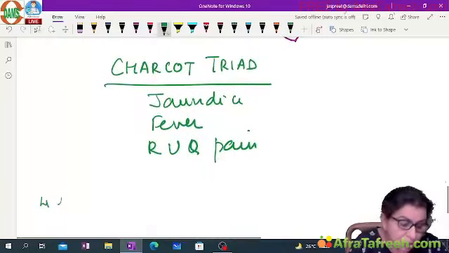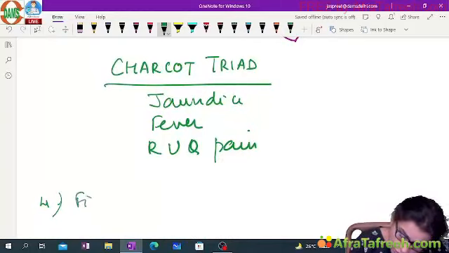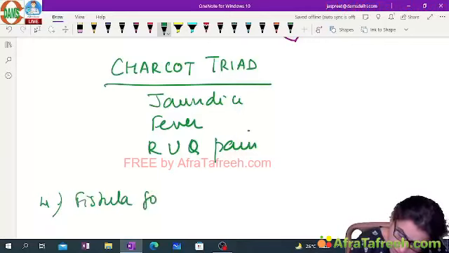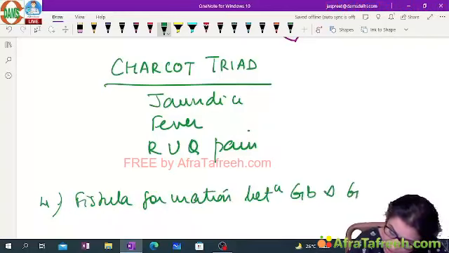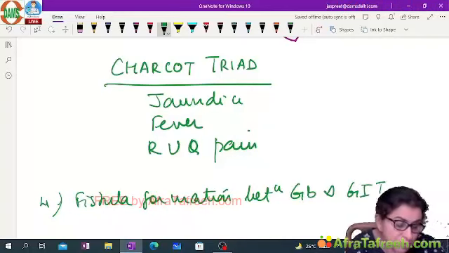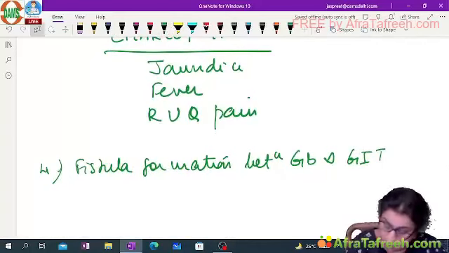And fourth, fistulas can form between the gallbladder and GI tract. So fourth is fistula formation between the gallbladder and GI tract.